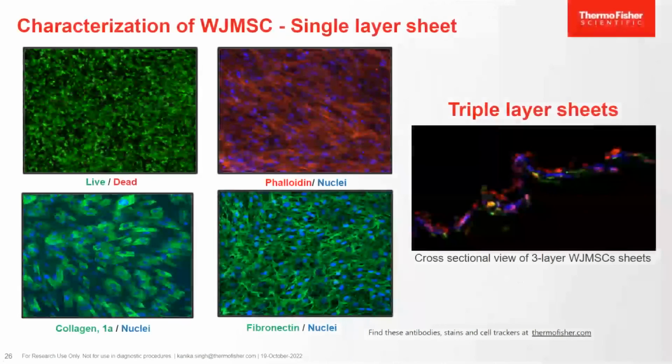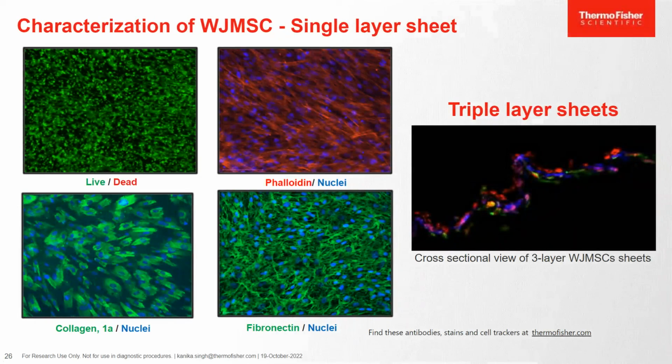Okay. To ensure whether the sheet which we have transferred is live or not, we stained them using live and dead stain. And as you can see here, the green cells are all live cells, and there were few red cells which were dead. So this particular result showed that the sheet which we have transferred is all live.